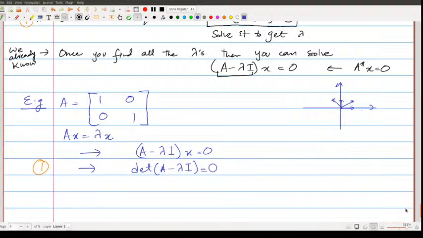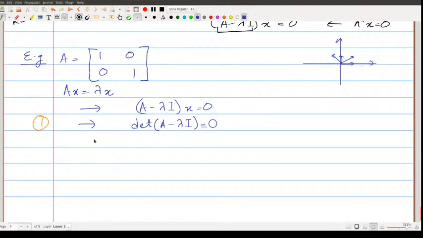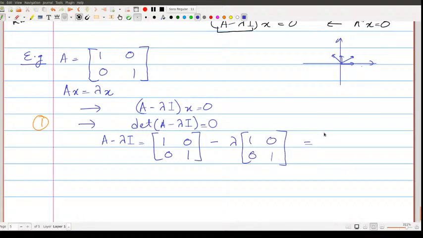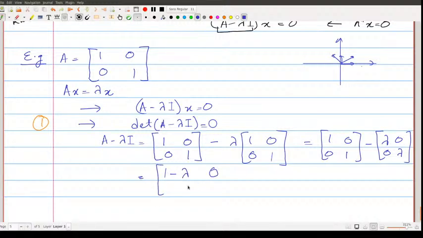Okay, so what is this A minus lambda I? Matrix A was just the identity matrix. What was negative lambda times I? It is lambda times 1 0 0 1, again the same thing. And so we have 1 0 0 1 minus lambda 0 0 lambda, and this just becomes 1 minus lambda 0 0 1 minus lambda.